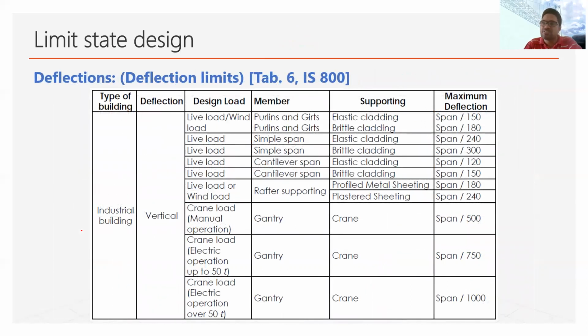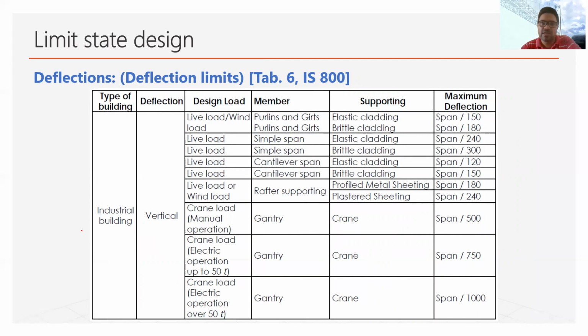Similarly, for the serviceability criteria, deflection is largely the major criterion that we consider in case of designing steel structures. So we need to ensure that the deflection which is coming in the structure will not exceed the permissible limit. Those permissible limits are defined in the IS code.